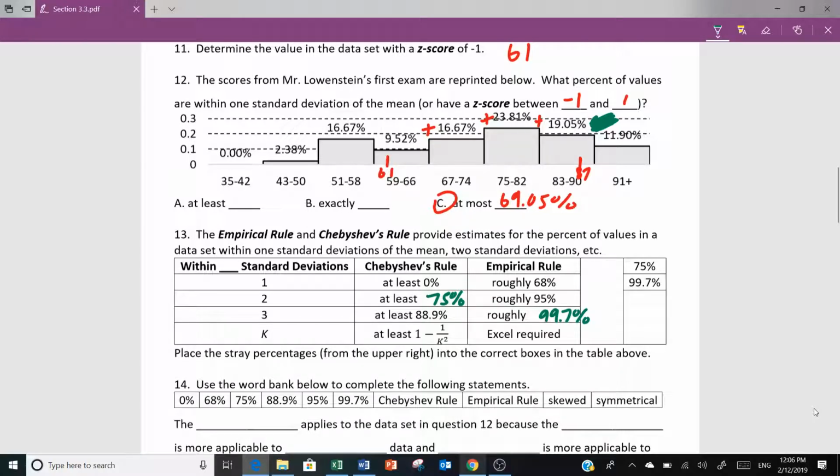Now, it turns out that we can also apply the empirical rule or the Chebyshev rule to question 12, and we don't really know the exact data, so that's an instance of when we should be applying empirical rule or Chebyshev's rule. So let's go ahead and see if we can fill in these blanks for question 14. We're referring to question 12 here, since it says question 12.